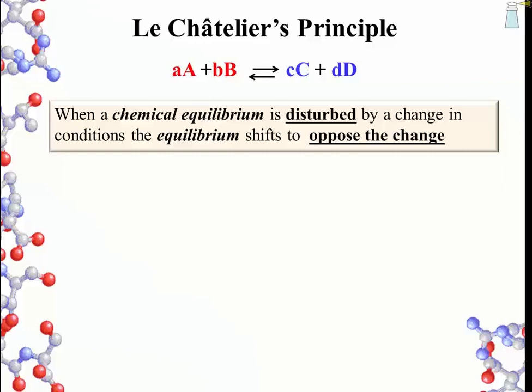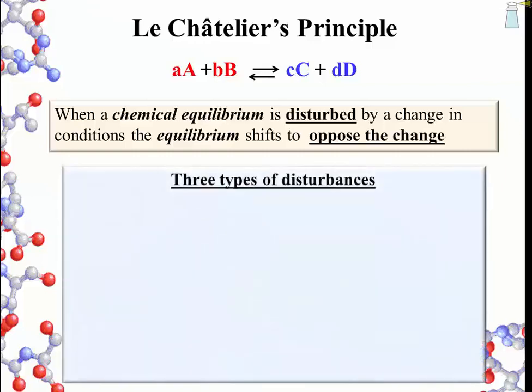Le Chatelier's principle is a recognition that equilibrium is a balance of the rates of the forward and reverse reactions. If a change in condition provides one of the reaction rates an advantage, it becomes favored. The faster rate works to remove or use up the advantage.